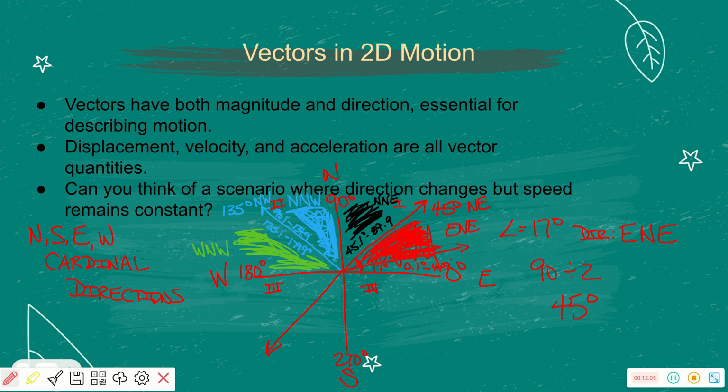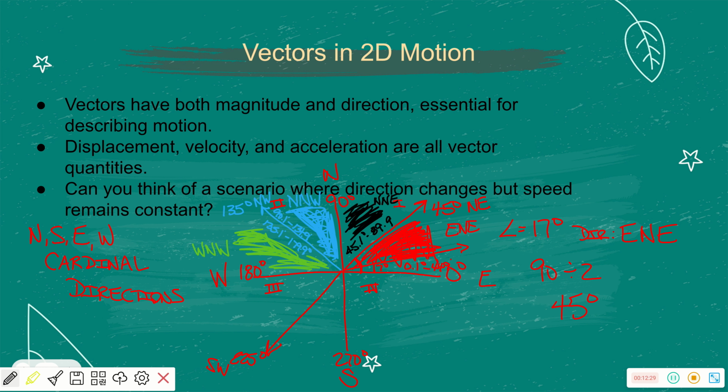So what would it be? 225. Yes, 225 degrees. And what would the direction be? It's the midpoint, so that would be southwest.